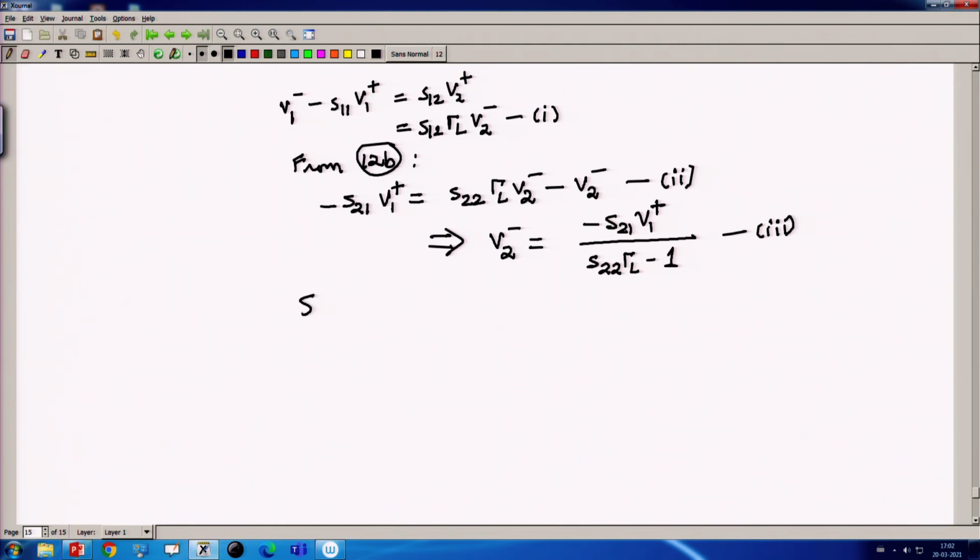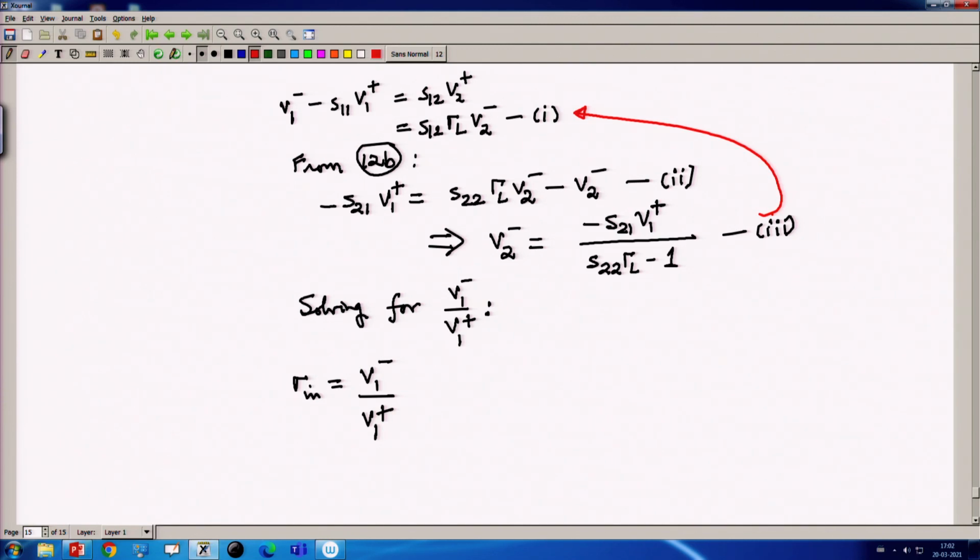So, now solving for V1 minus by V1 plus, we get, just substitute this equation in here. So, you replace V2 minus by this term.